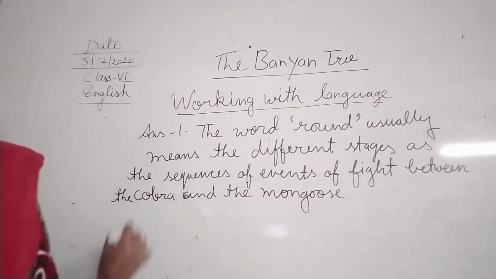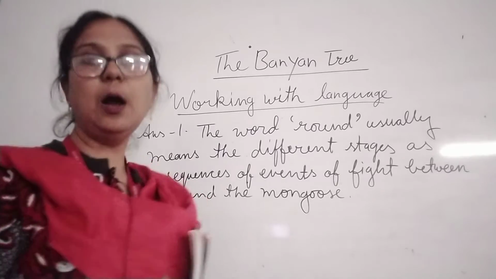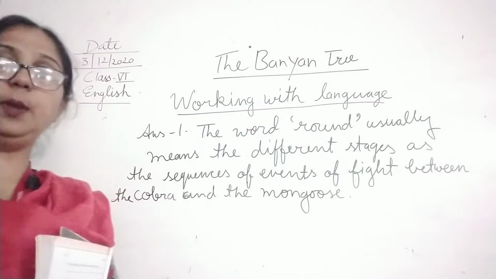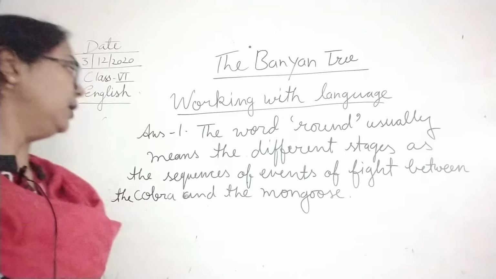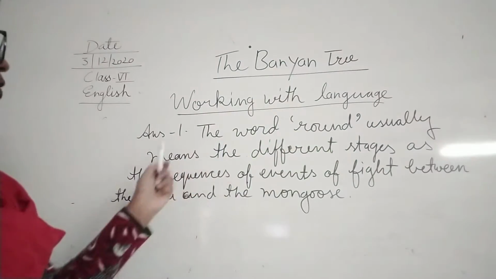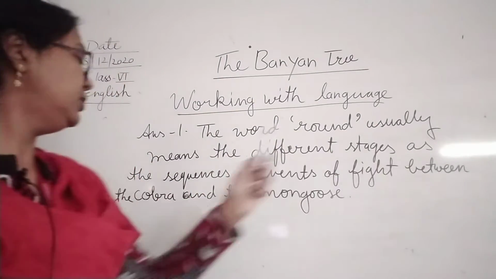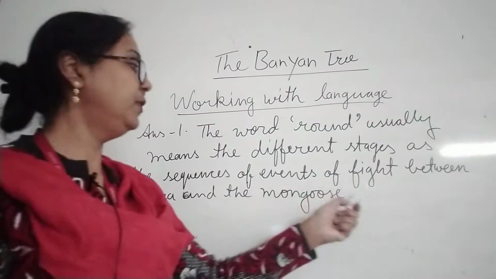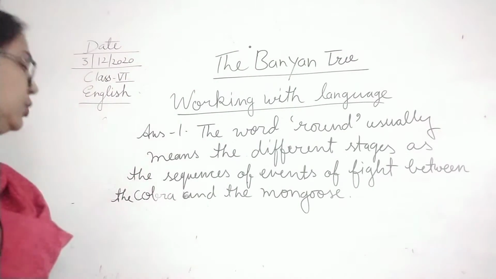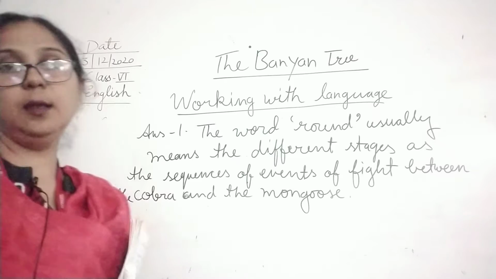The cobra and the mongoose. Now round here, it usually means shape, but the word round here means the different stages as the sequence of the events of the fight between the cobra and the mongoose.